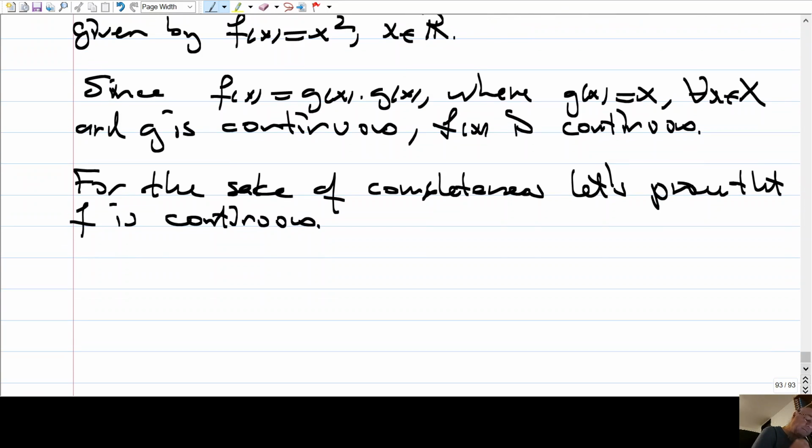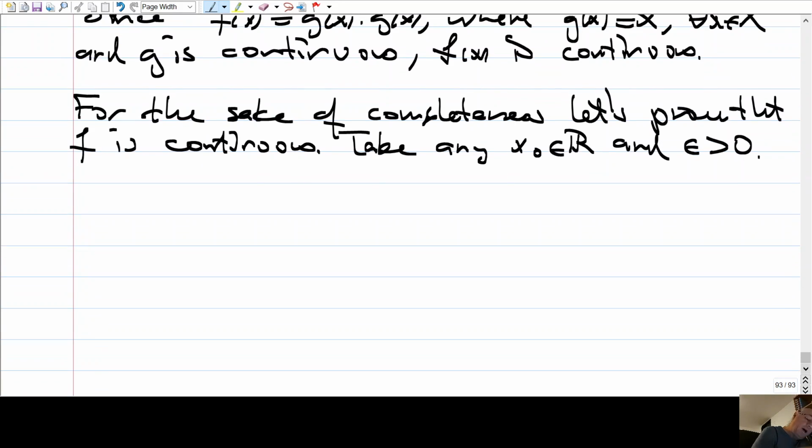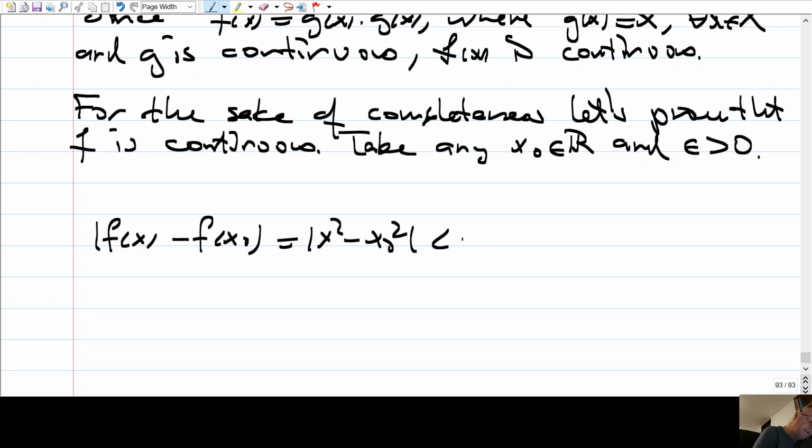Okay, take any x0 in R and epsilon positive. Okay, I have to prove what? I have to prove that |f of x minus f of x0|, which is just |x squared minus x0 squared|, is less than epsilon, right?